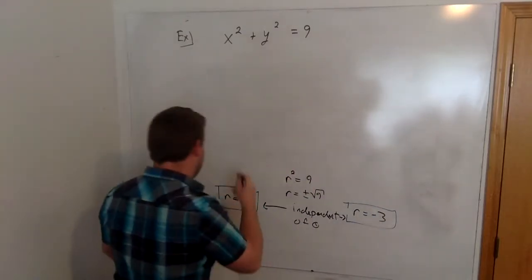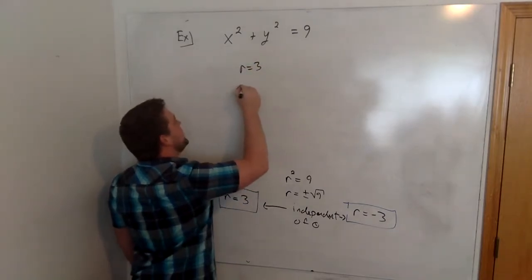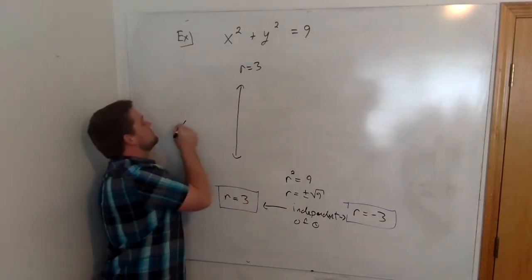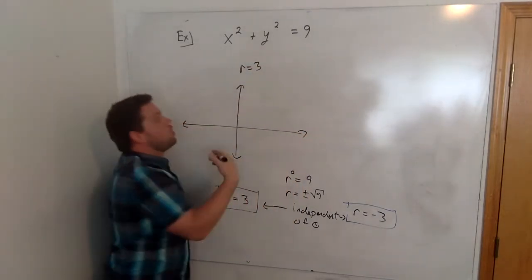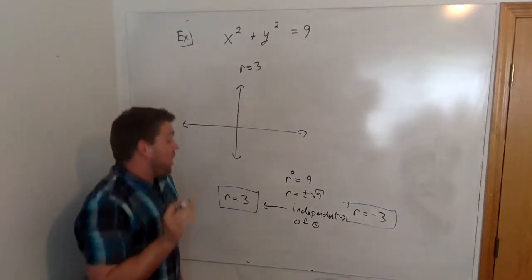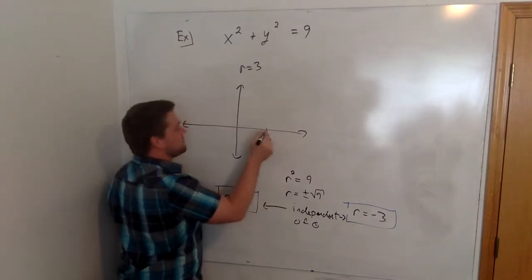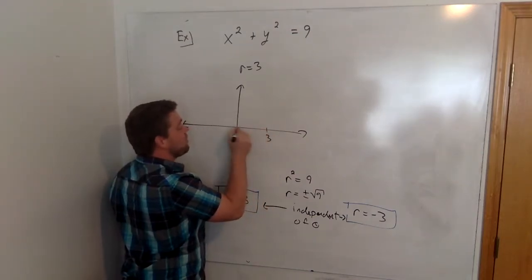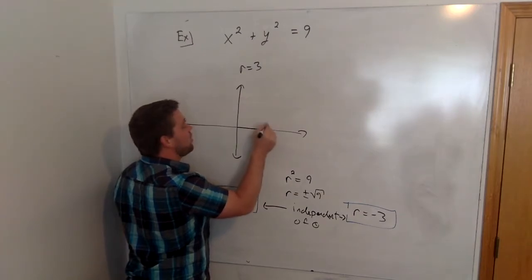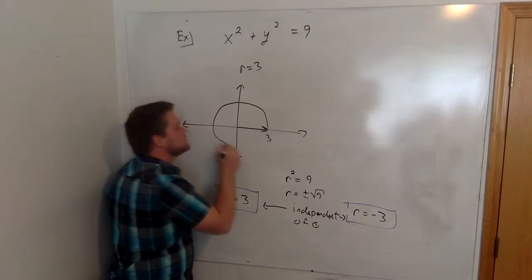If we're looking at the equation r equals 3, what this is saying, if we're going to graph this, is that regardless of whatever the angle is, how far you have to go out will always be 3. So you'll be out 3, and regardless of the angle, you'll always have a radius of 3.